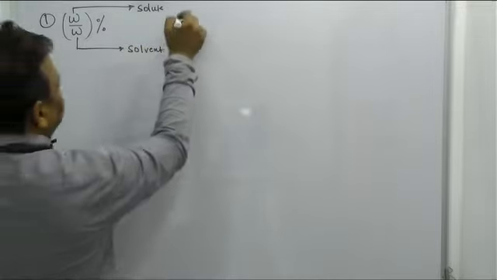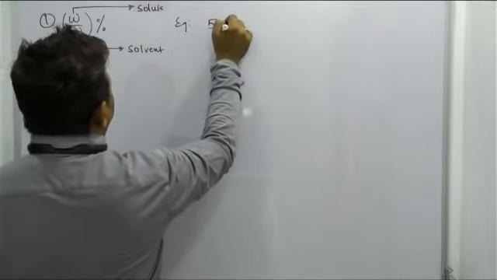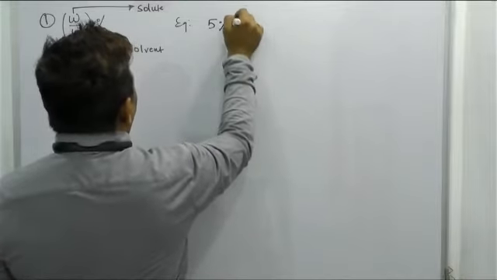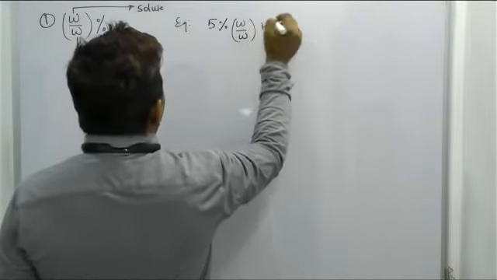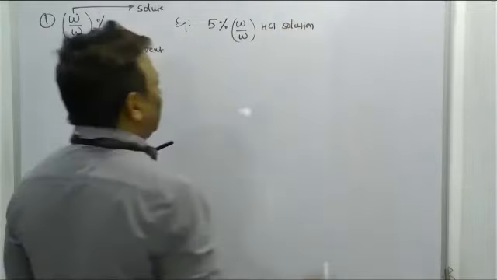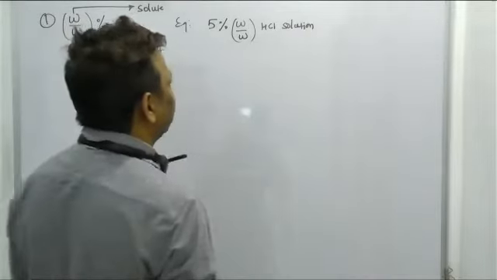Example, I'll explain. In this example, I want to say, sir, I am having a 5% W by W HCl solution. So maybe you are getting the doubt: if it is a solution, how are we expressing it in terms of W? I'll explain better.